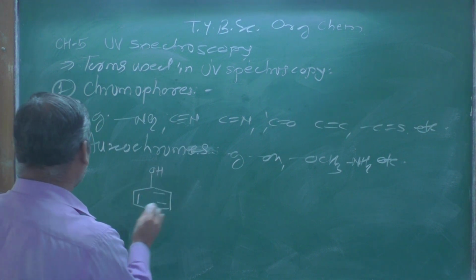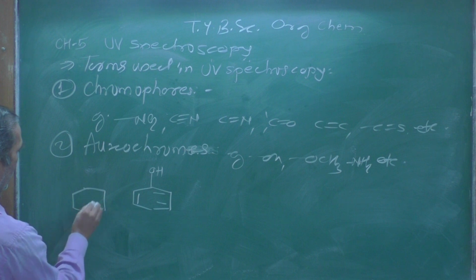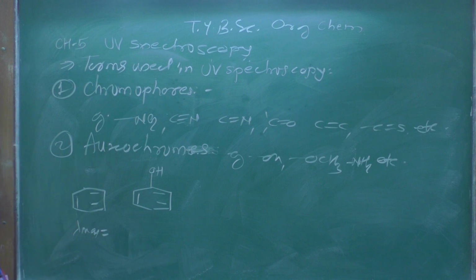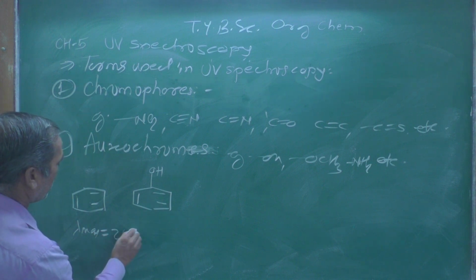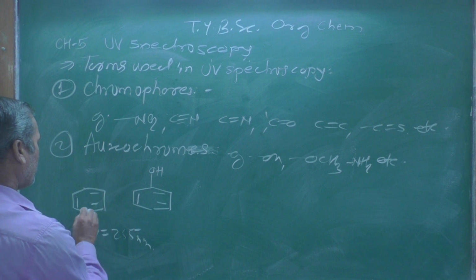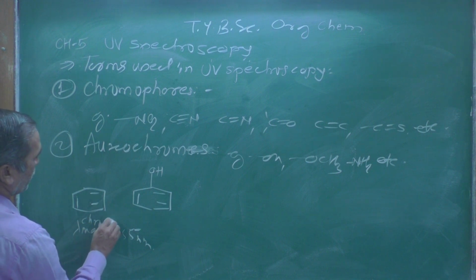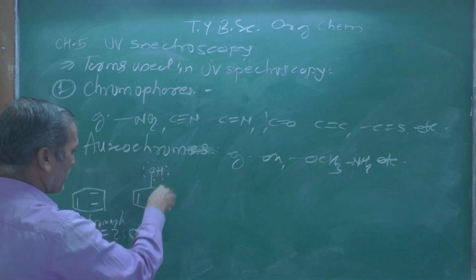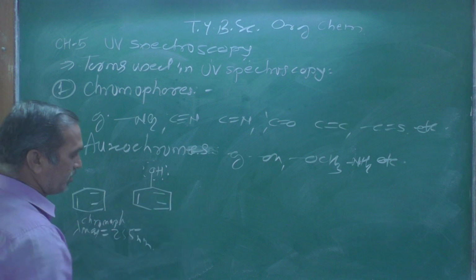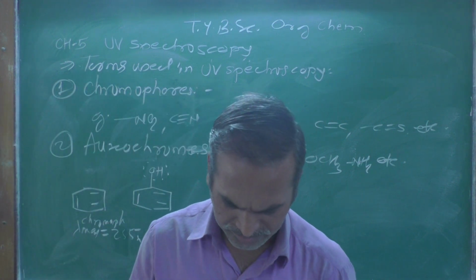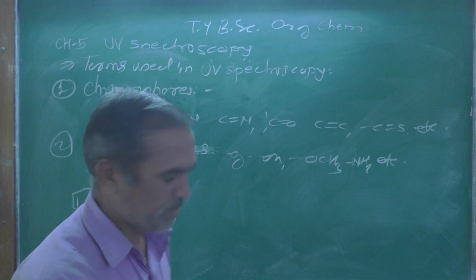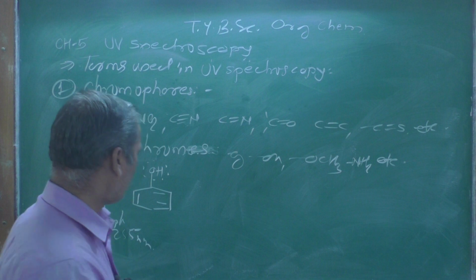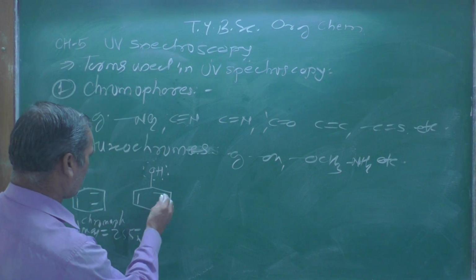As we know, benzene itself shows a lambda max. The characteristic lambda max is found to be 255 nanometer, and this is the chromophore, right? When the hydroxyl group OH is attached to that chromophore, phenol has lambda max greater than that, nearly 260.